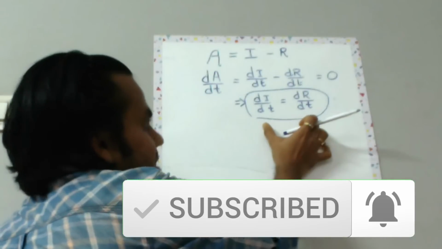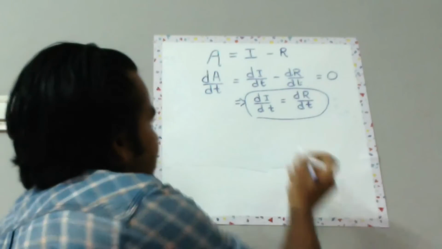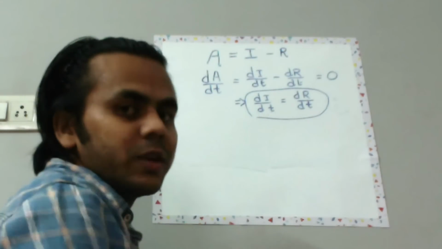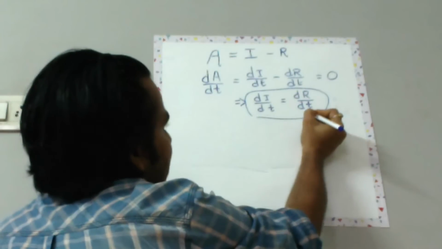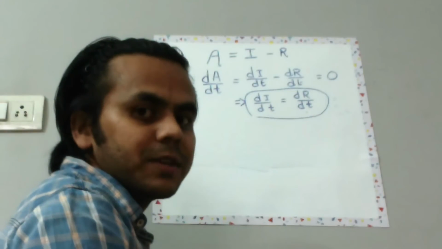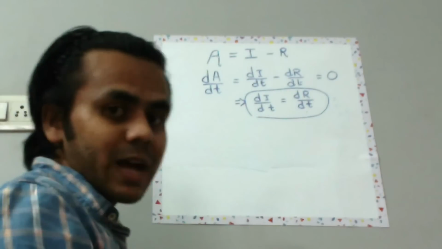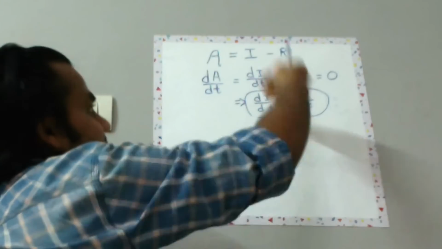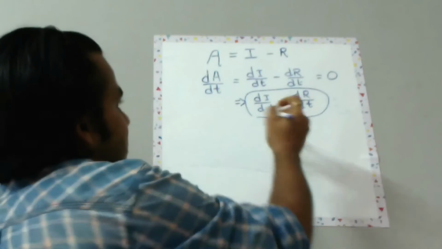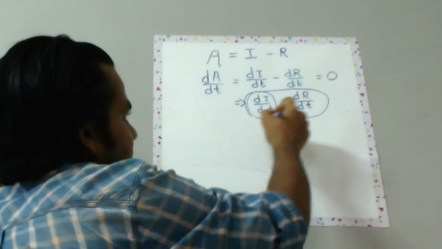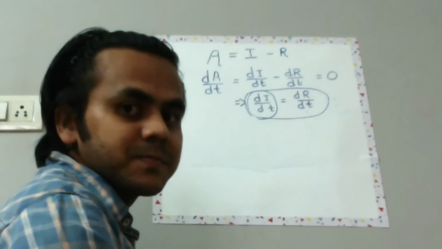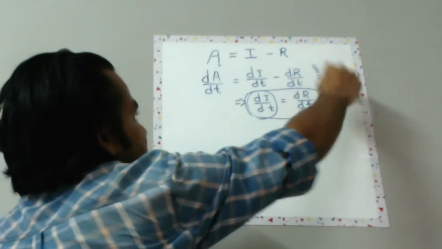Let's suppose at a certain point of time, total number of infection is growing at the same rate as total number of recovery. But it may so happen that at the next time period, this thing could increase. So this would become positive.